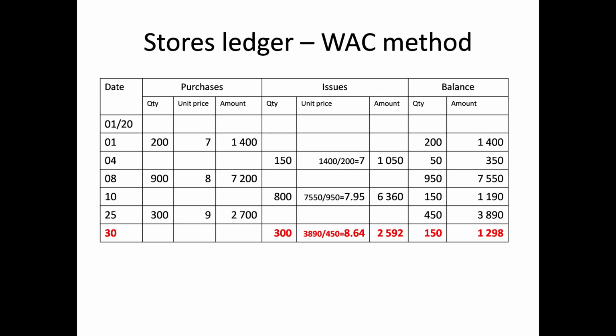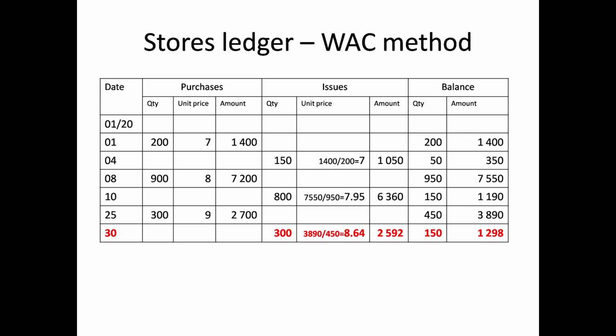Now go to your issues unit price column. 3890 divided by 450. You get the answer as 8.6 recurring 4. So you can round it off to the nearest two decimal points. It's 8.64.